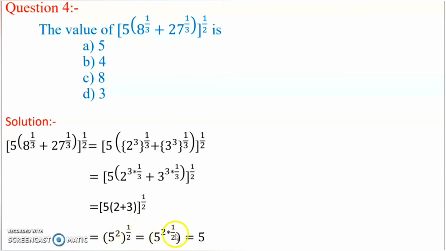And again these 2 will get cancelled and you will get a single 5. So you can see here that this complicated looking quantity is just a simple number equal to 5. So for this question, option A is correct. So here what is important is you know the laws of indices and you know how to apply them properly.